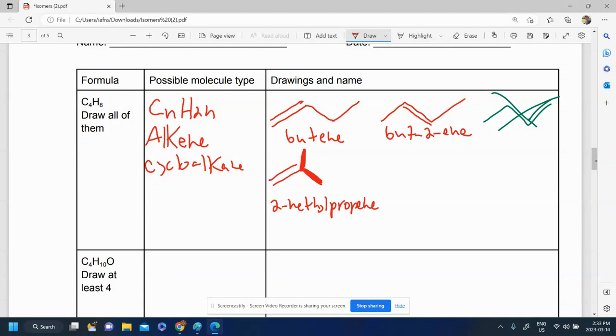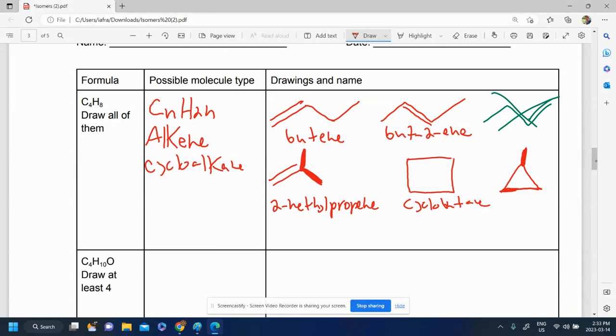And then this can also be a cycloalkane with 4 carbons. So you can make a square, cyclobutane. And then the smallest ring structure you could have is actually smaller. This is 4 carbons in a ring. Why not try a 3-carbon ring and then put a methyl substituent on there.